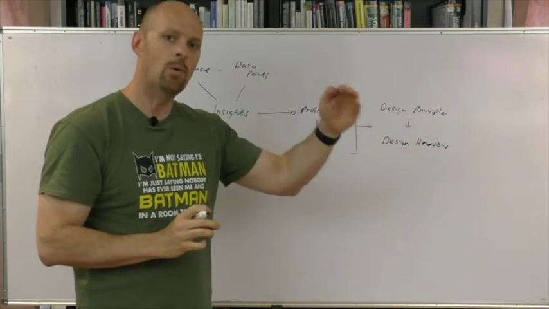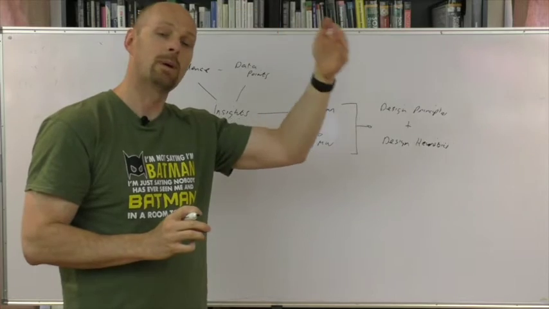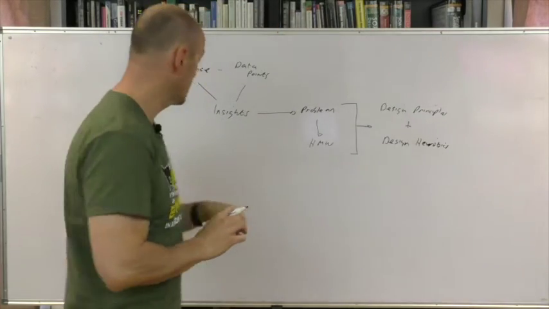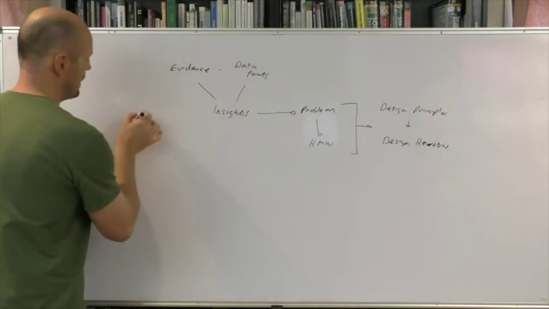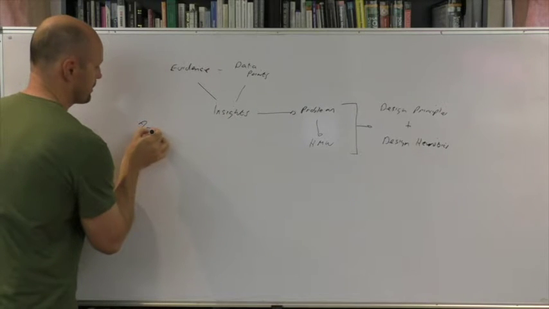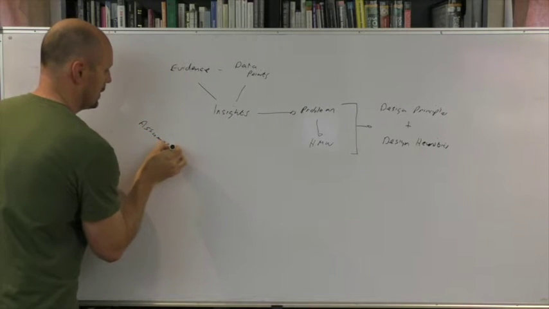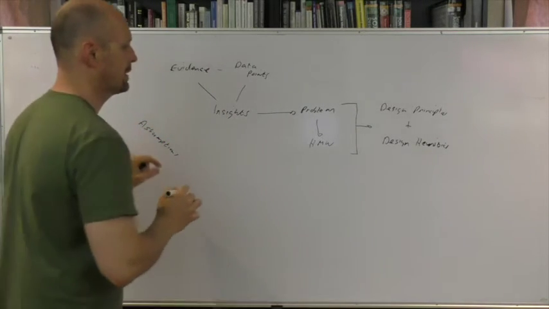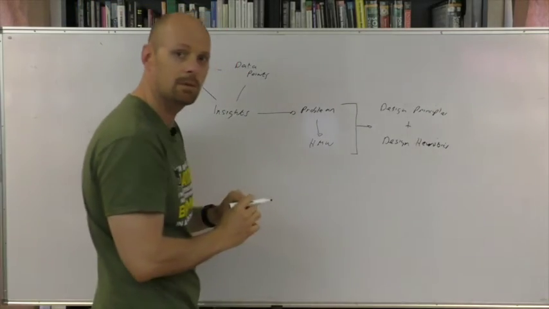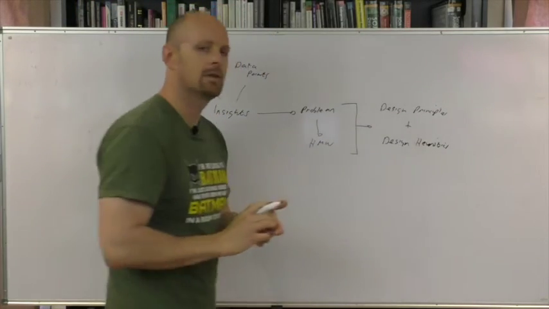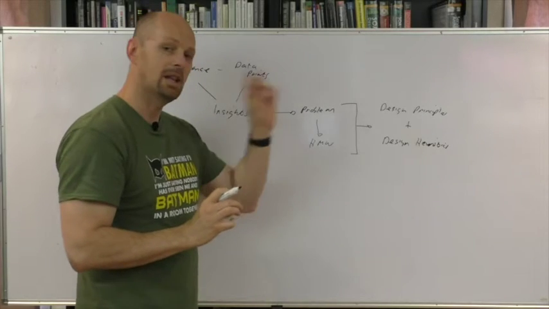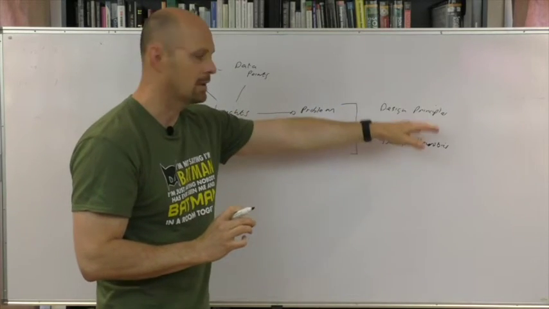Each step forward we build on information that we would have gathered in the initial phases. Way back here in the discovery phase, you would have had some assumptions. And what we now have is that we've tested some assumptions, and we now have design principles. When we start to get into the develop and deliver phases, we test against the design principles.